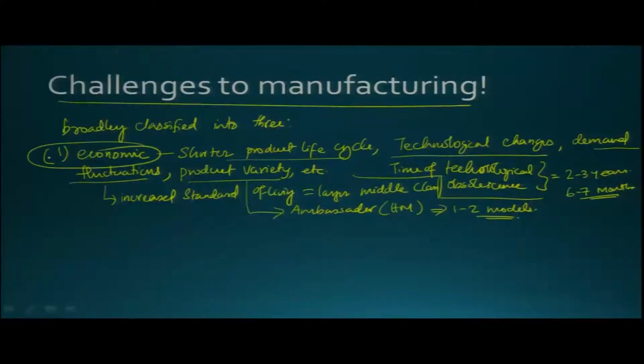So larger product variety is also required. Some people say I want power windows, some say I want all airbags, some say I want all leather seats, this particular color. So depending upon the features and creature comforts added into the system, the variety of the product also changes. All these challenges are typically economic in nature, basically driven by the economics of the system.